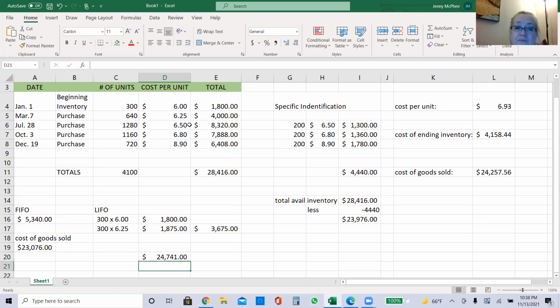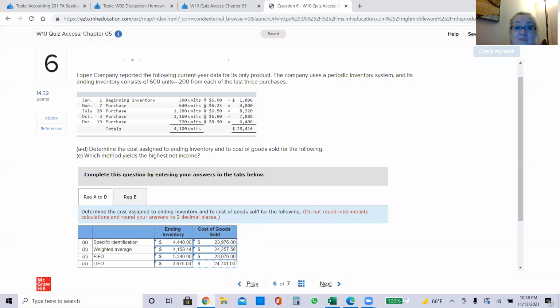I mean the FIFO, the last one happened to have more than 600, so that was our lone cost. And then the LIFO, we started from the beginning and went forward. So we had 300 here, but we had to get another 300, so we took it from the next purchases. That's it. It actually can be simple if you just work the problem a couple times.